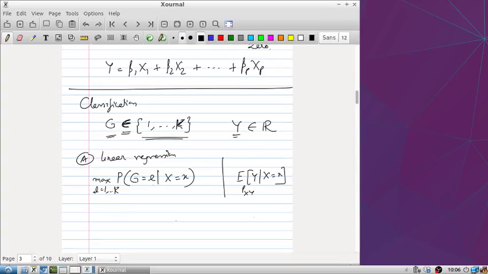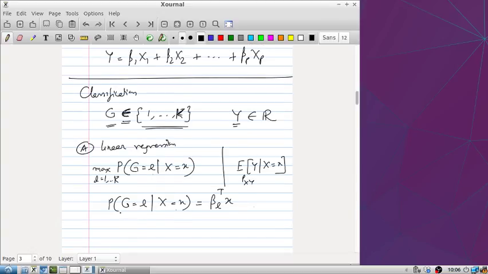So this is the Bayes classifier, and linear regression says, let me just approximate the probability of G equal to l given X equal to x as a linear function, beta transpose x. I know the Bayes classifier is something like this.